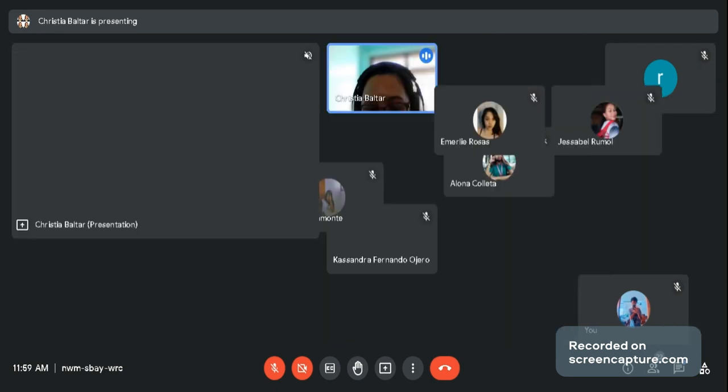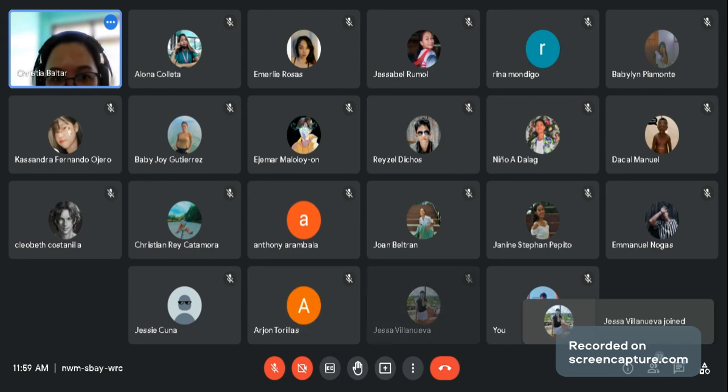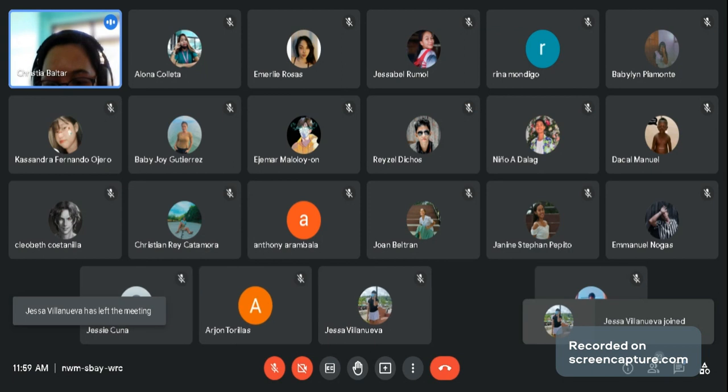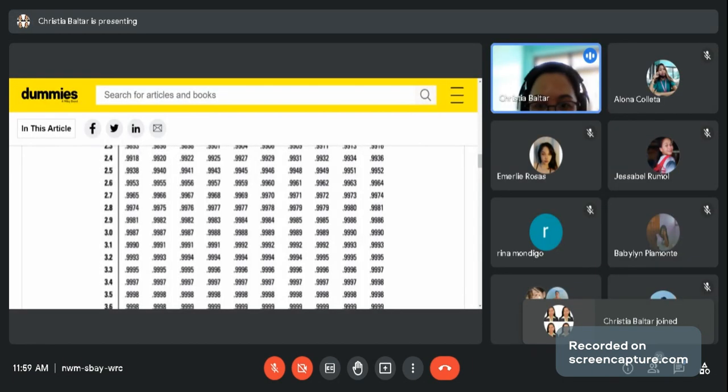Okay, let's look at the Z table. Take note that the given for the second situation is 0.05, but it is a lower tail test.